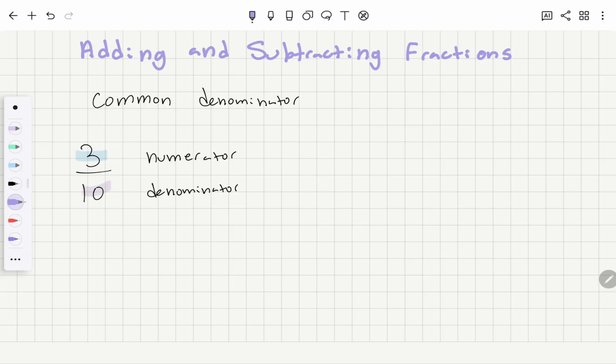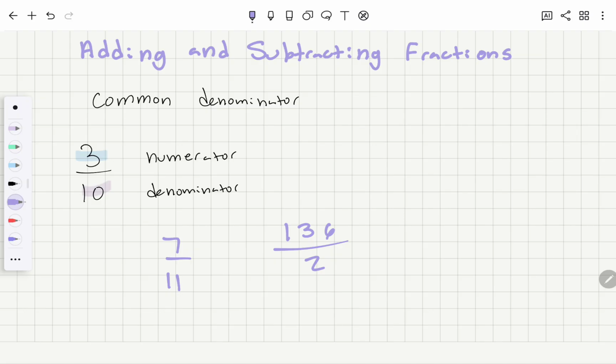It's the same if I were to give you 7 over 11, or 136 over 2. 7 would be our numerator and 11 would be the denominator, and then 136 would also be our numerator and 2 would be the denominator.